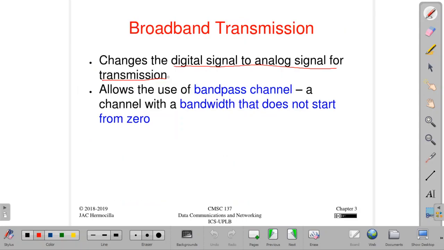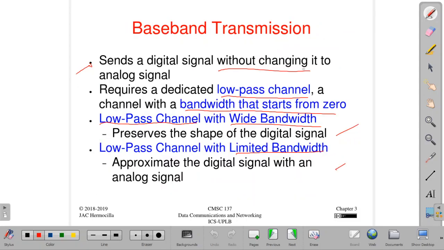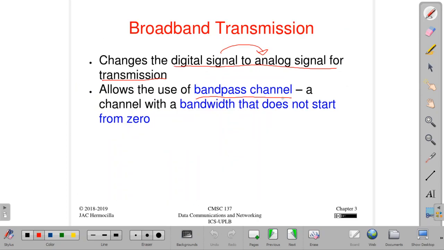In broadband, there is a conversion. By doing this, it allows the use of a band pass channel. Okay? And unlike in the baseband transmission, wherein you have a low pass channel, in the broadband transmission, the band pass channel is a channel with a bandwidth that does not start from zero.